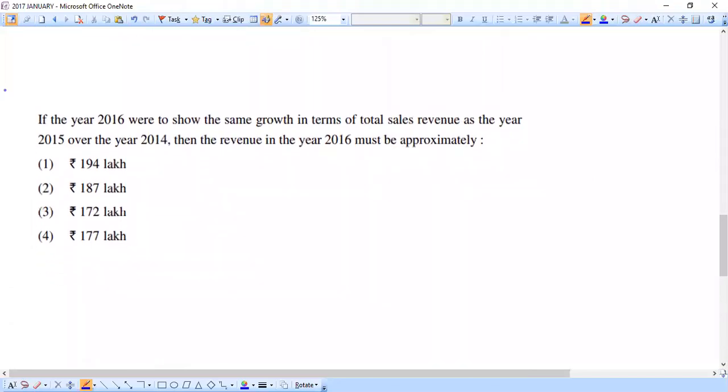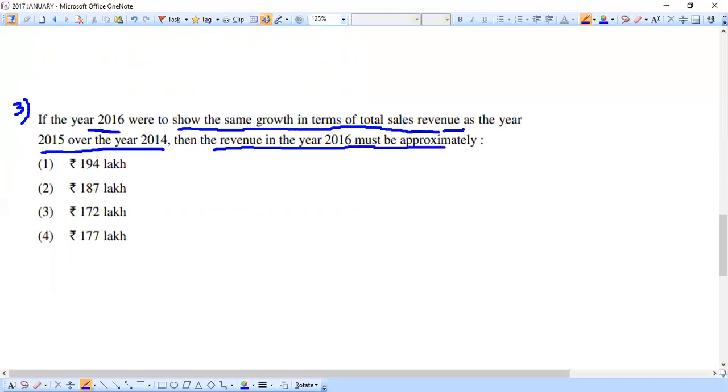Here we have question number 3. Let's see what is given. Once again, this question is based on the same table. So if the year 2016 were to show the same growth in terms of total sales revenue as the year 2015 over the year 2014, then what would be the revenue in the year 2016?